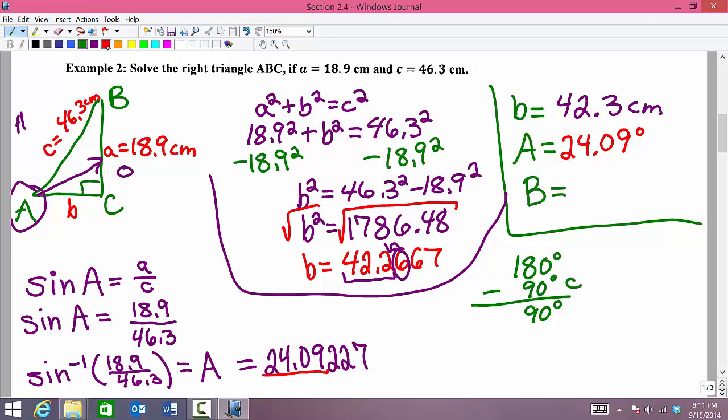And now we can subtract from that angle A, 24.09 degrees. And we just put that into our calculator, and our calculator gives us 65.91 degrees for angle B. So once we know two of anything, the third one is always very easy to find.